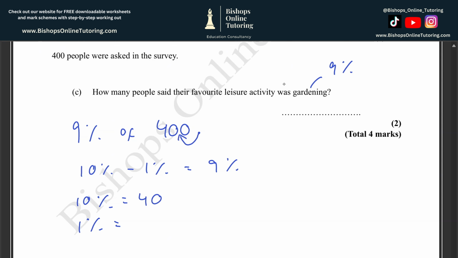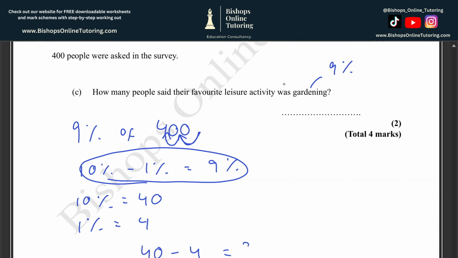To figure out 1%, we just go 2 spaces to the left, so 1, 2. So we would end up with 4 for 1%. Now, remember this. We are going to do 10% take away 1%, so 40 take away 4, that gives us 36. So our answer is 36 people said that their favorite leisure activity was gardening.